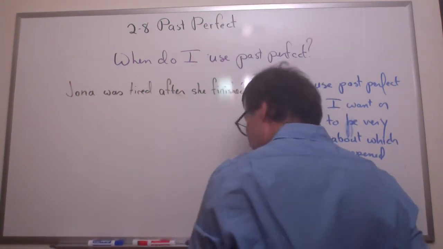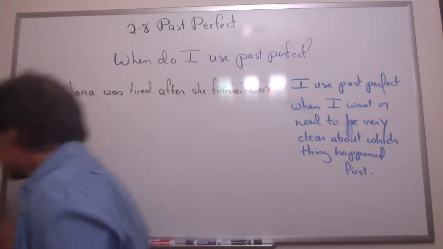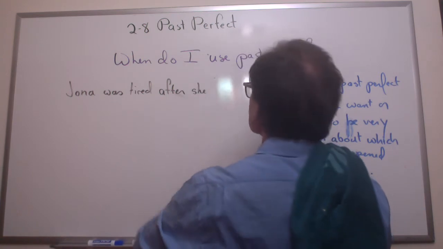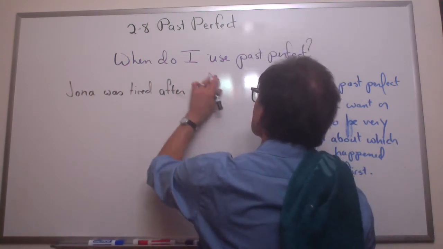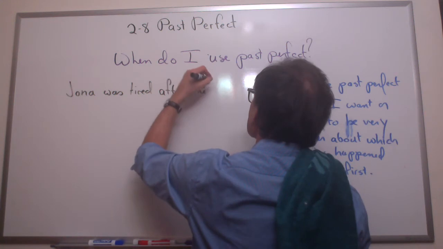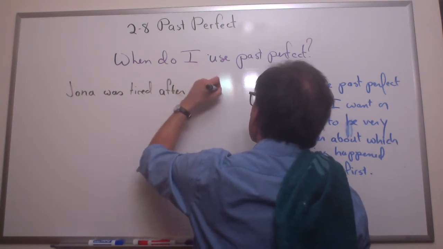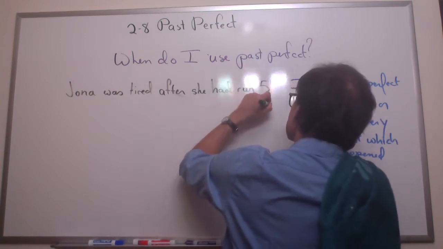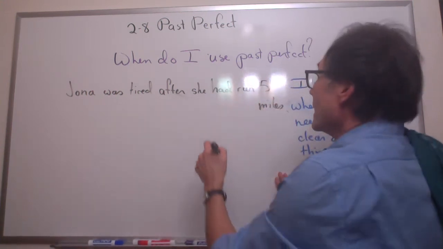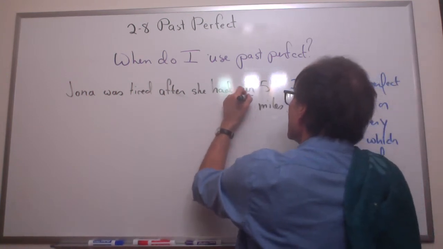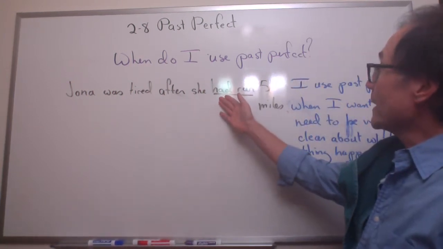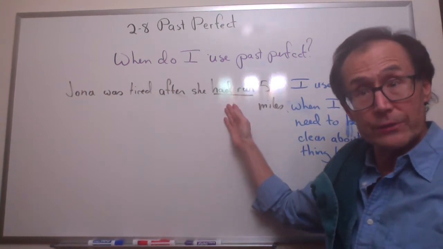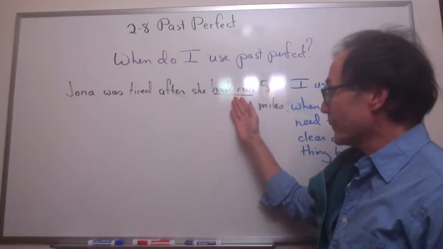Now, excuse me. Let's say Jonah was tired after she had, let me use a different verb. Jonah was tired after she had run 5 miles. Okay? Now here, if I use Jonah was tired after she had run 5 miles, that makes it very clear to an English speaker that this one happened first.